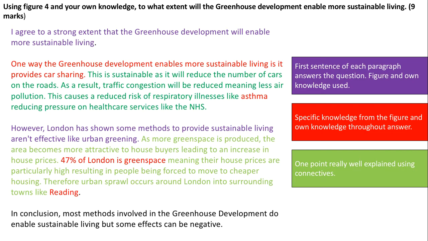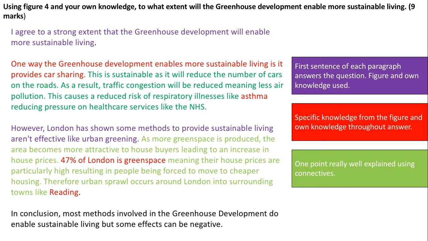And most things you'll find don't meet all the criteria of sustainable living. They might have a positive environmental impact, but they could have a negative economic impact. And we saw that when we were looking at the Olympic Park regeneration project.